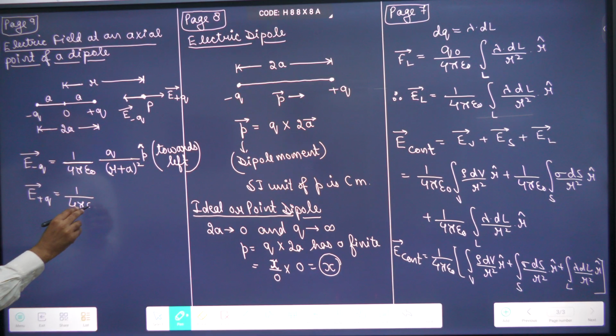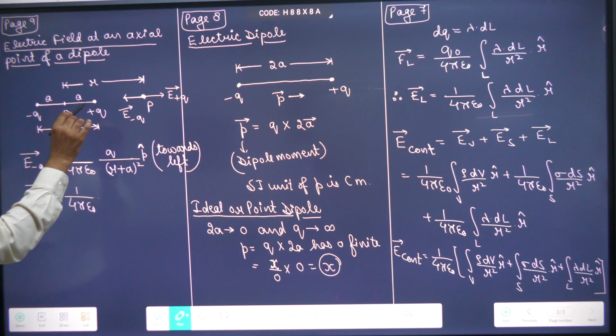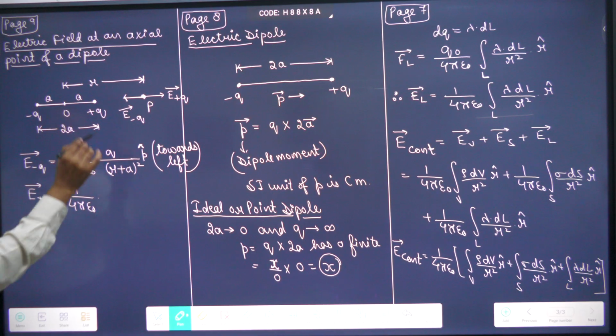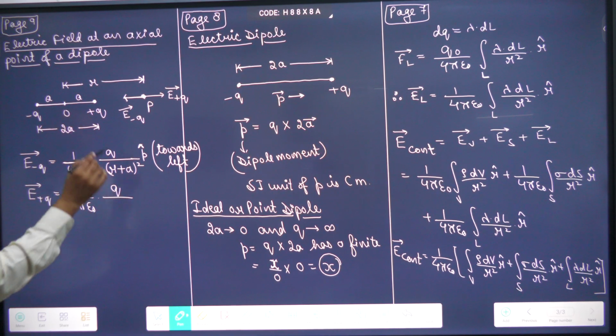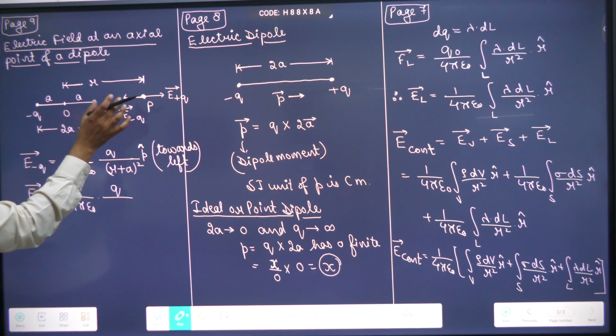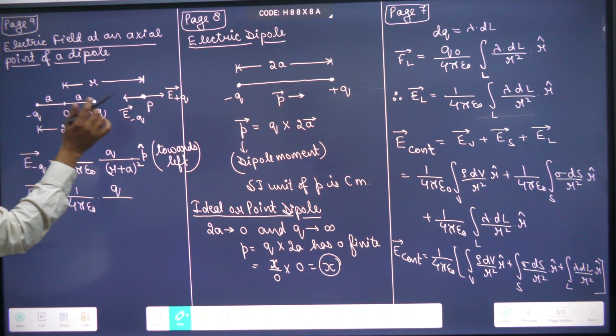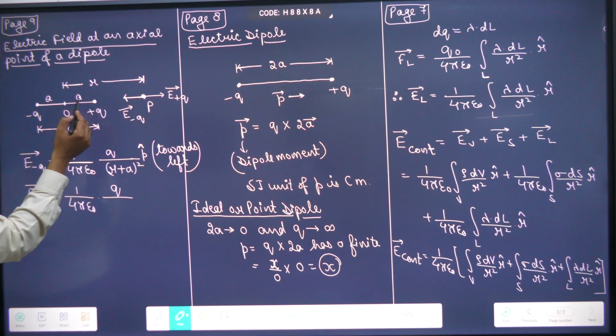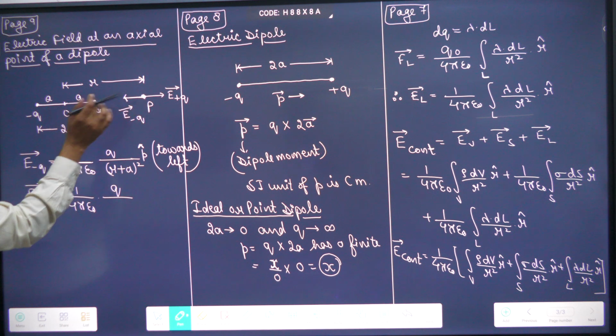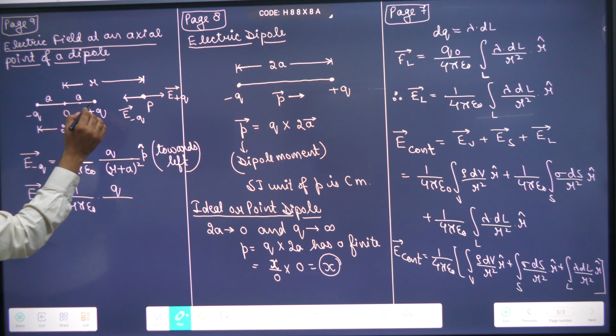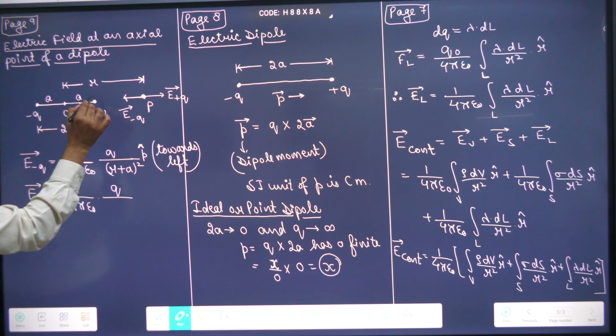Similarly, E plus Q vector is 1 upon 4 pi epsilon naught plus Q upon, what is the distance between Q and P? r minus a. From r you have to subtract this a. We want to calculate only this distance.